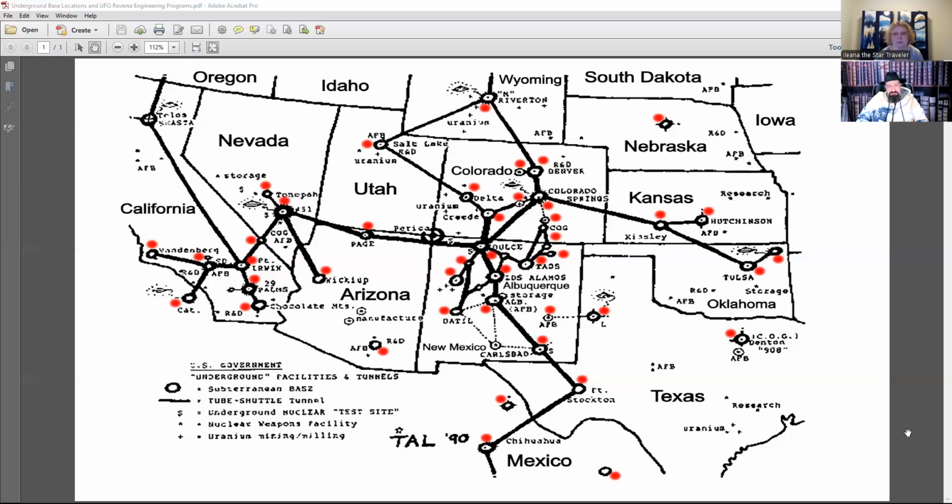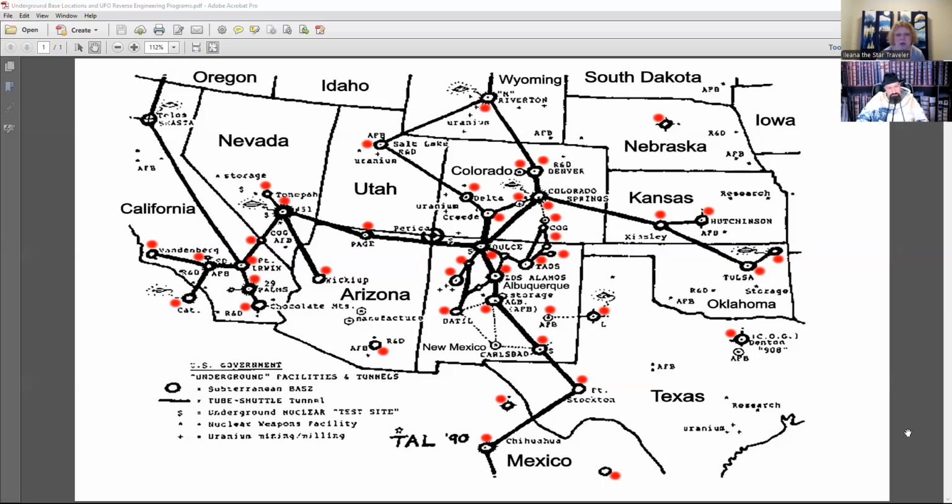Yes, because these seem to be what the map originally was of underground facilities and tunnels of the structures that were built out in secret. And this map was to sort of map out these locations because the general public deserves to know.